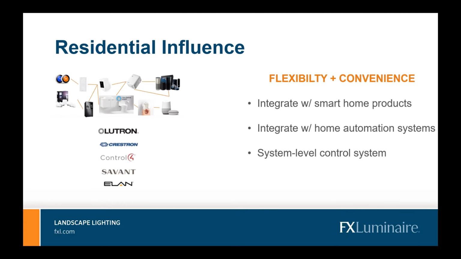They will have home automation systems. The other thing is that it is difficult to control if you do not have system level control. Obviously, we can have smart landscape lighting devices at a device level, but in order to really control an entire system, it's a lot easier to develop something that is at the system level.